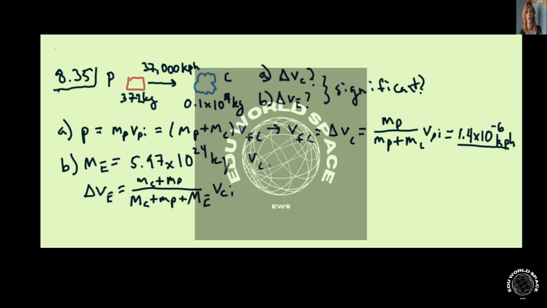And we're told the comet is going 40,000 kilometers per hour with respect to the Earth.